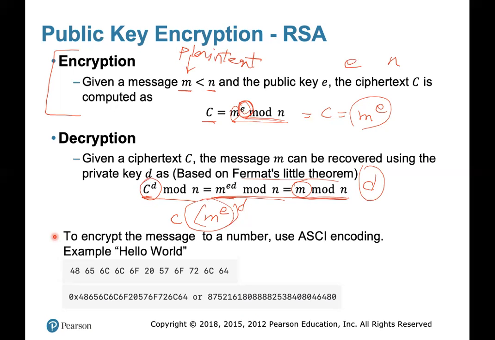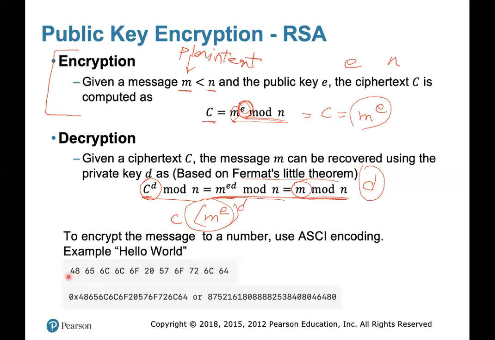So you may wonder, for example, I have this message, hello world, and I'm going to encrypt it using RSA. How am I supposed to do that? An easy way is to take the ASCII code of every character we have here. For example, hello world: this is the ASCII code of H, the ASCII code of E, L, L, O, and so on. And we can just concatenate them to each other.